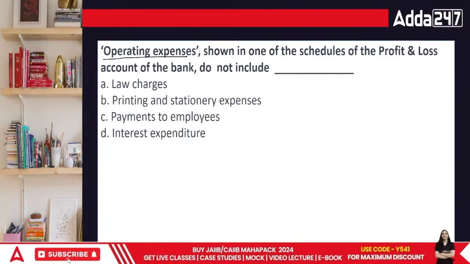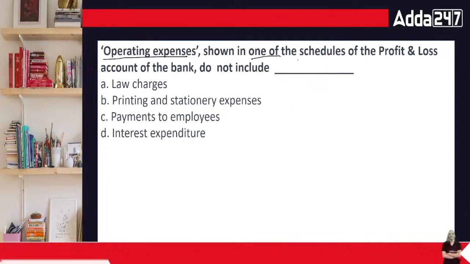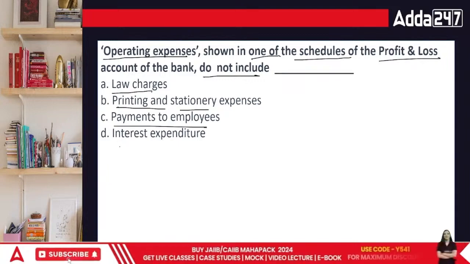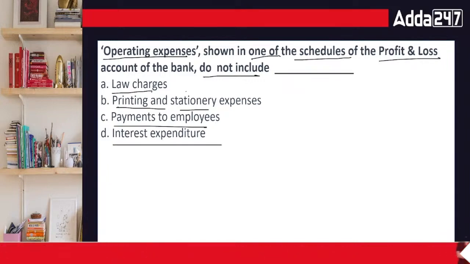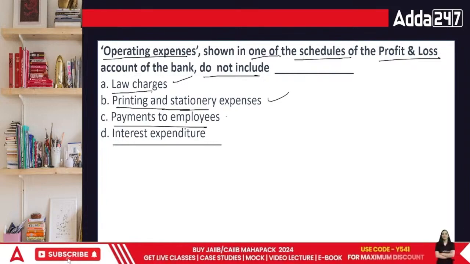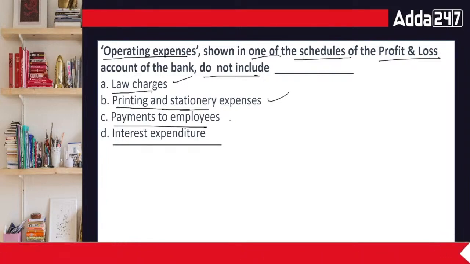Then, operating expenses shown in one of the schedules of the profit and loss account do not include: law charges, printing and stationery, payment to employees, or interest expenditure. The P&L includes legal expenses and the amount paid to employees.